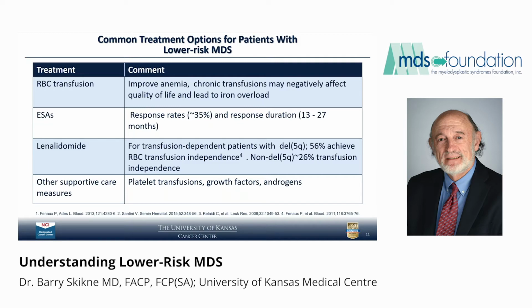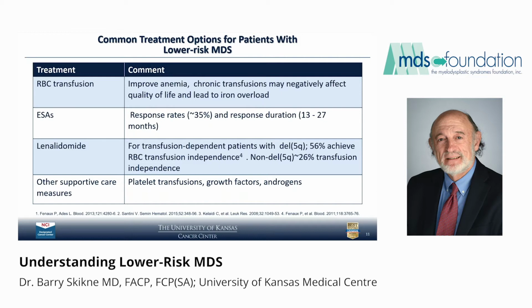You'd be lucky if one gets 1.5 to 2 years as a response with the use of these agents. Sometimes if they don't work, G-CSF, that's Neupogen, may be added to the ESA in an attempt to gain some efficacy.